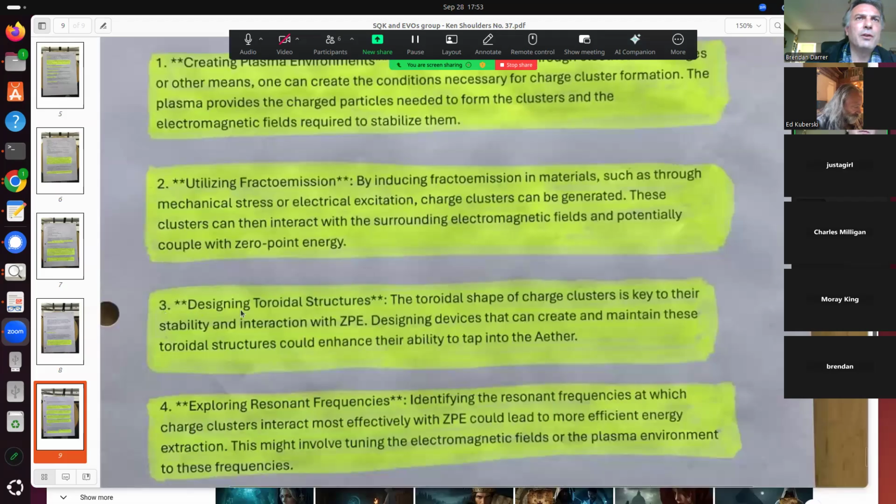Three, designing toroidal structures. The toroidal shape of charged clusters is key to their stability and interaction with the zero-point energy. Designing devices that can create and maintain these toroidal structures could enhance their ability to tap into the ether.